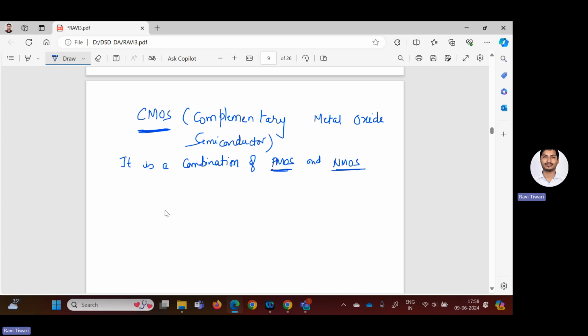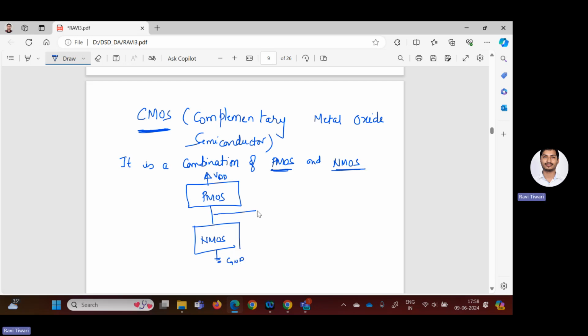In a simple design, we can understand how we can design CMOS. You have to keep your PMOS at the top and NMOS at the bottom. At the top of PMOS, you have to provide the VDD, and at the bottom, you have to provide the ground, GND.